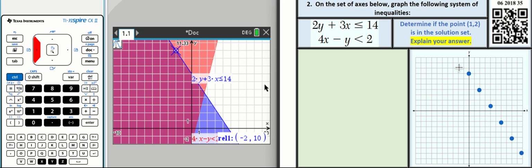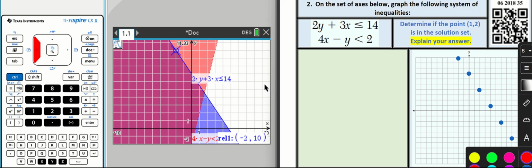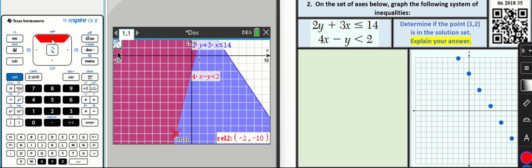Excellent. And now we want to do our next graph. So here, to get on the other inequality, we push up, and it gives us negative 2, 10, all the way at the bottom.